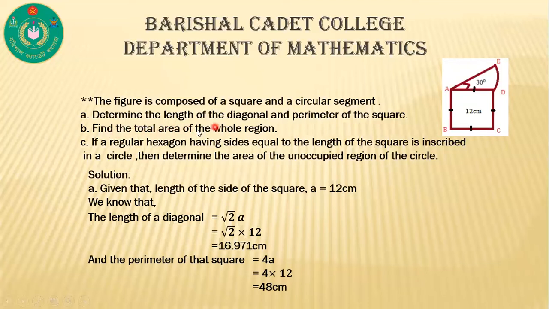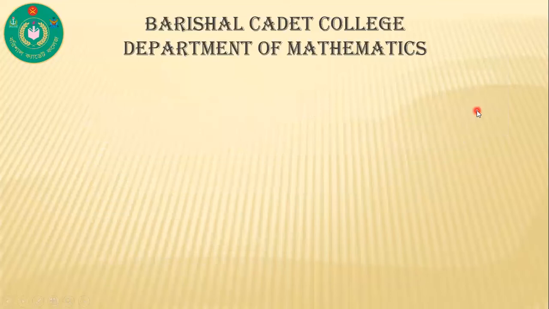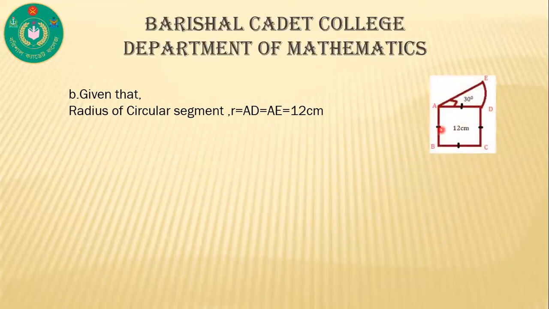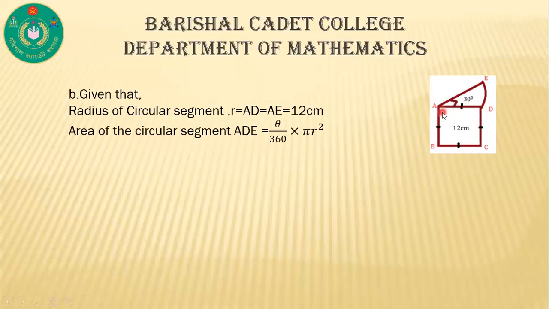Now find the total area of the whole region. That means we find the area of the square and the area of the circular segment ADE. Here R is equal to AD is equal to AE is equal to 12 centimeter.